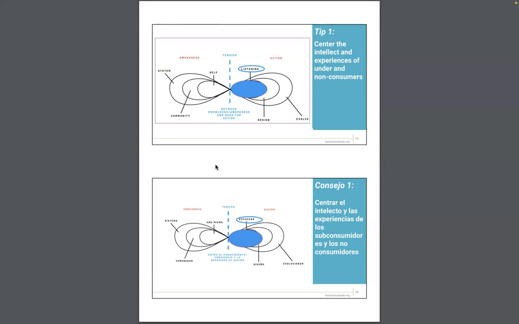And for us, as we were focused on the education system, some examples of who that might be are people who choose to homeschool their kids. Those are non-consumers of the education system. And an example of under consumers are folks that have kids that are too young to engage in the system yet.